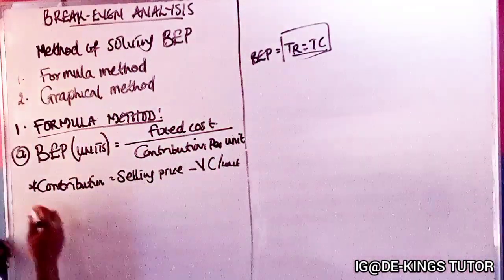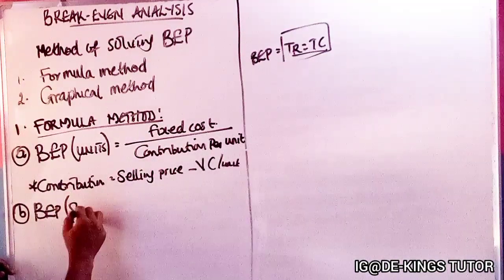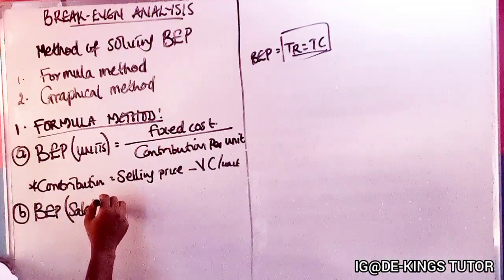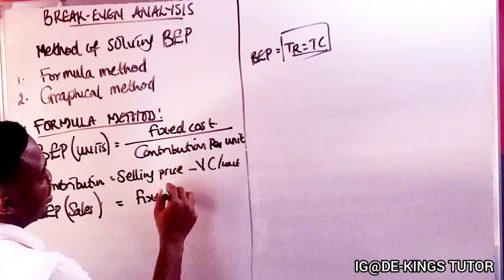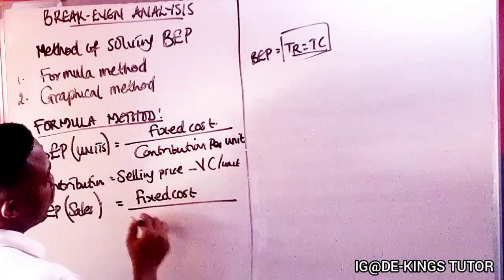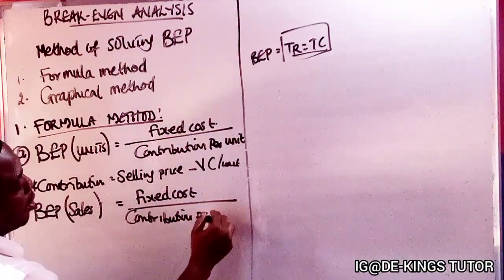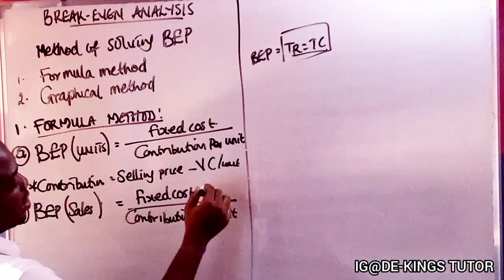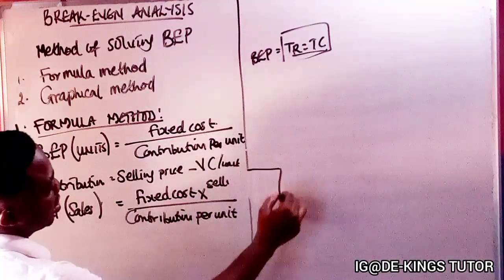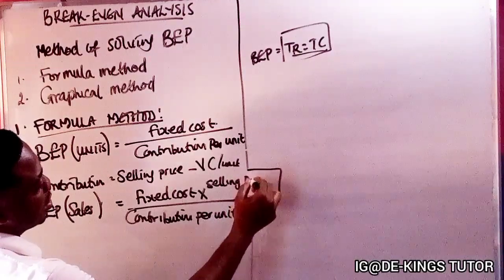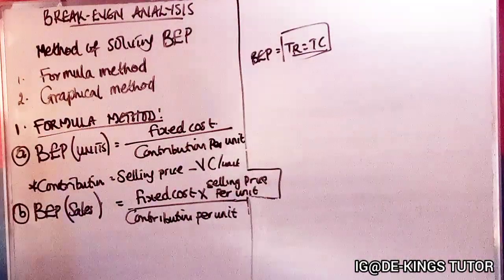Now B, the break-even point in sales or Naira value. It will be the fixed cost over contribution per unit, times the selling price per unit.